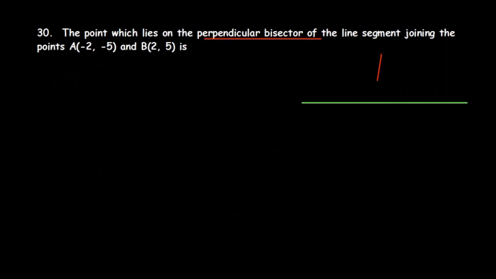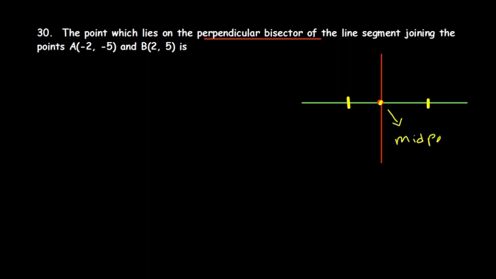So this red color line is the perpendicular bisector here. It should divide both in the same ratio, that means equal parts. Then can you guess what this point is? Yes, this is the midpoint, okay.